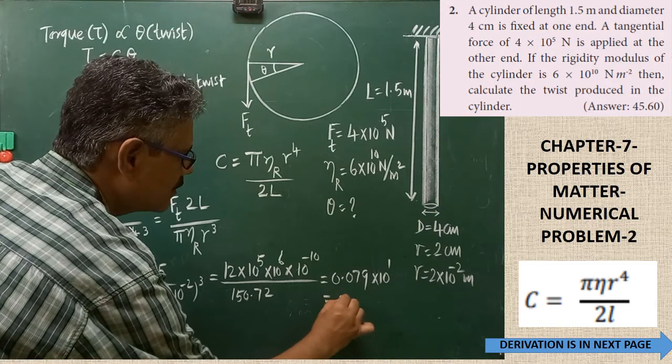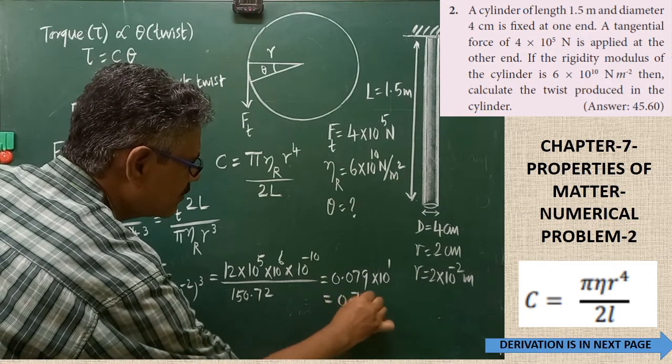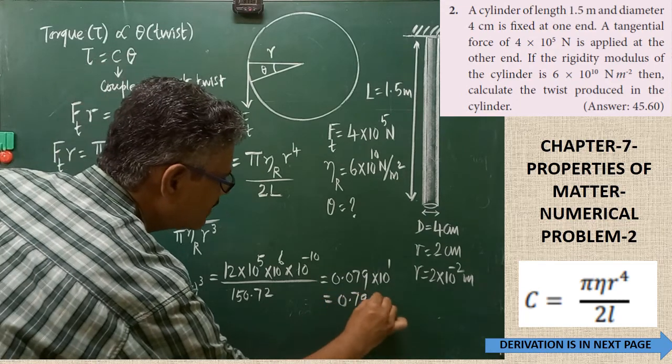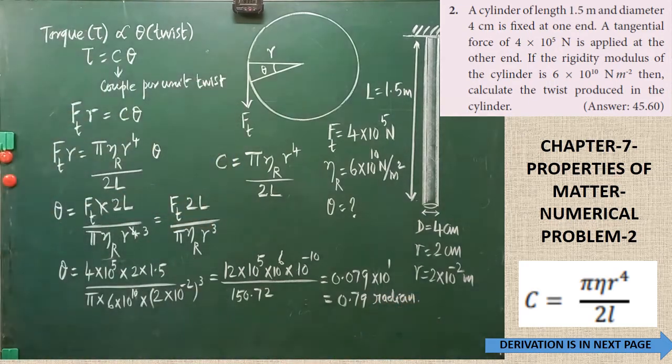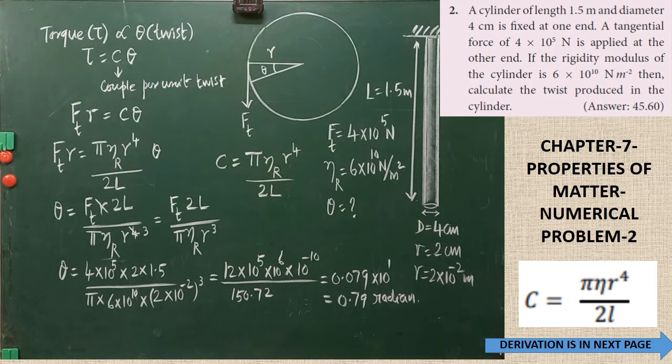So finally you will get 0.79. This answer is in terms of radian, because radian is the SI unit of plane angle theta.